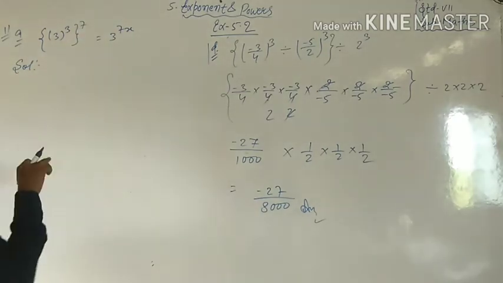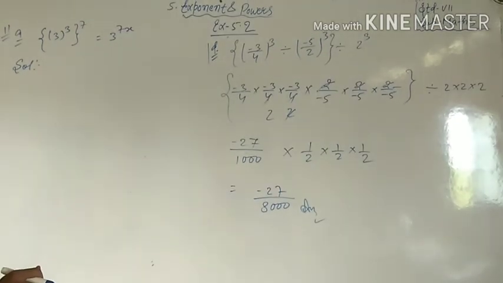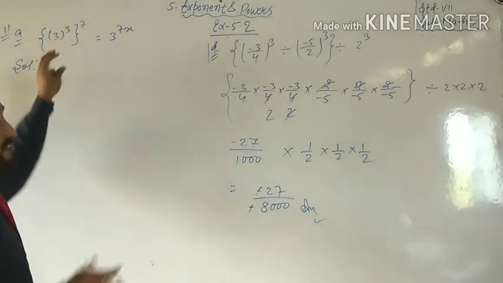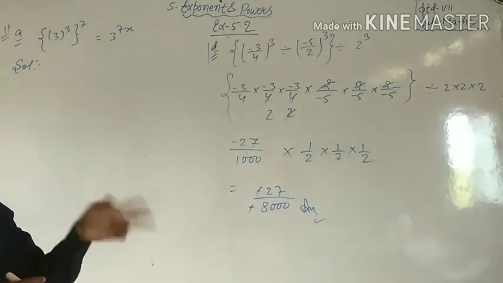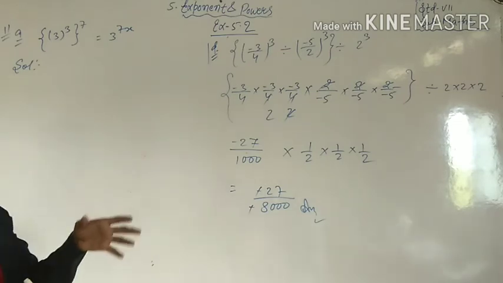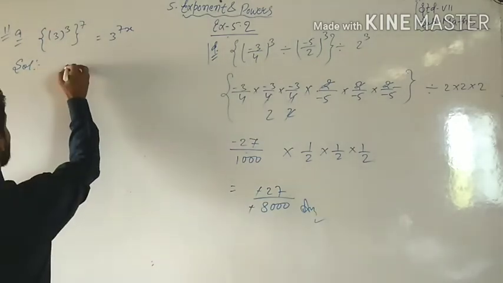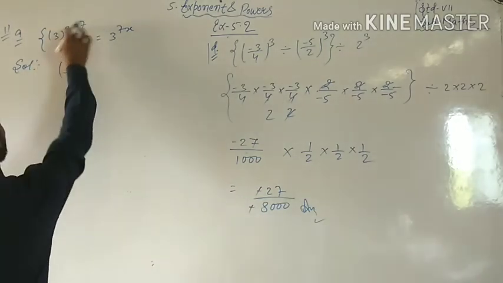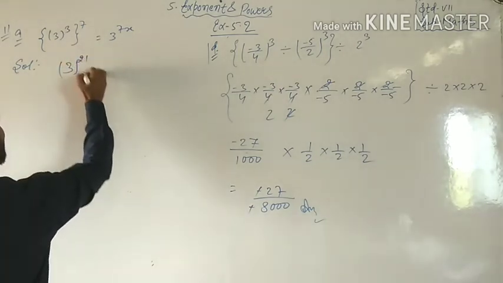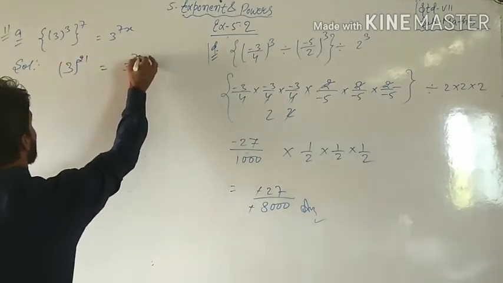When it is power of power, I told you, when there is an exponent on an exponent, we keep the base as it is and multiply the exponents. 3 into 7, what is the result? 21 is equal to 3 to the power 7x.